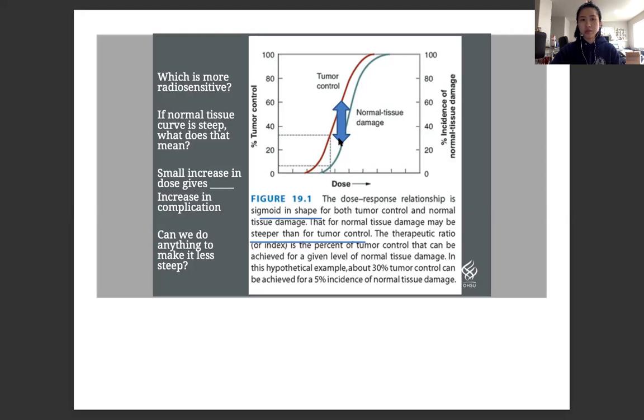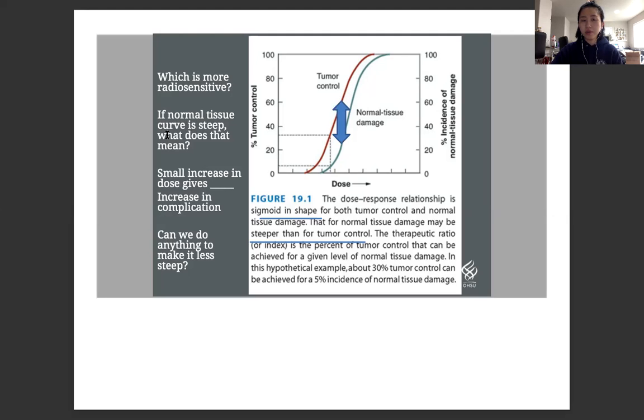If tumor is radiosensitive, we are able to treat them, destroy them, shrink them. But if it's radioresistant, it's really hard to get radiation to shrink the tumor. So obviously it is the red curve that is more radiosensitive.